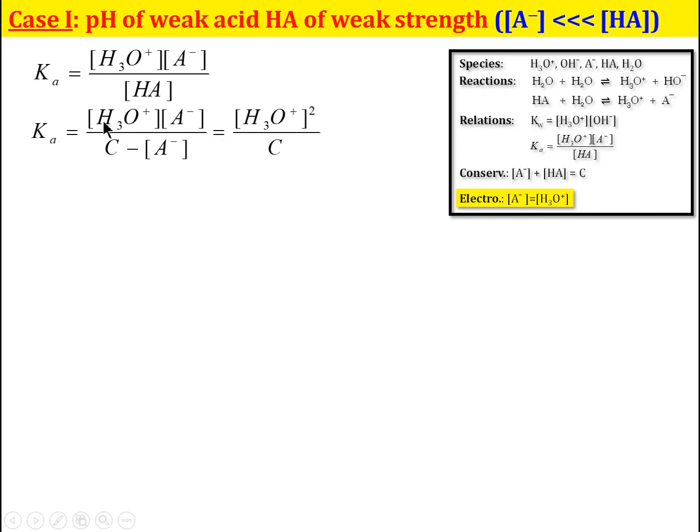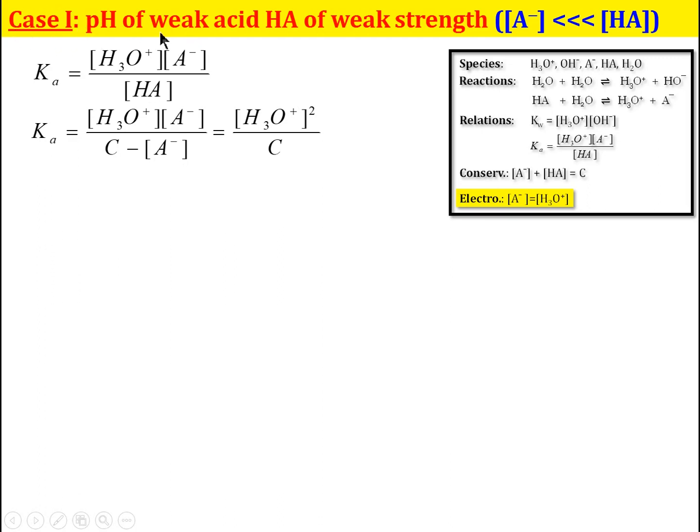So Ka equals H3O+ times A- over HA, and according to the conservation of species, HA equals C minus the concentration of A-. So Ka equals H3O+ concentration times A- concentration divided by C minus A-.